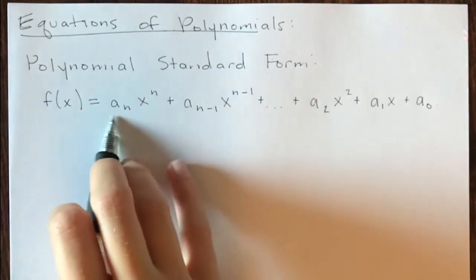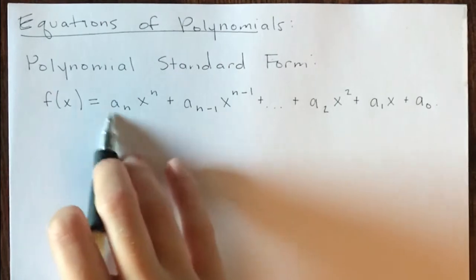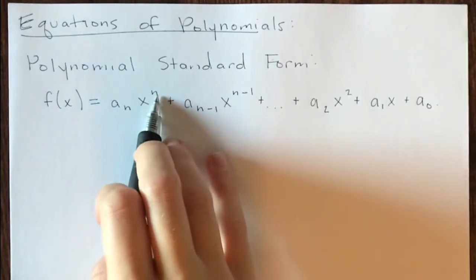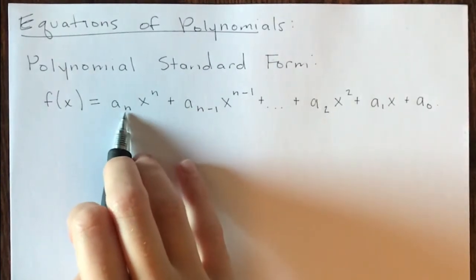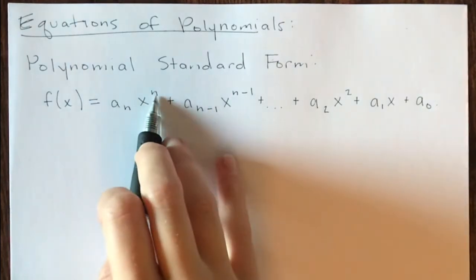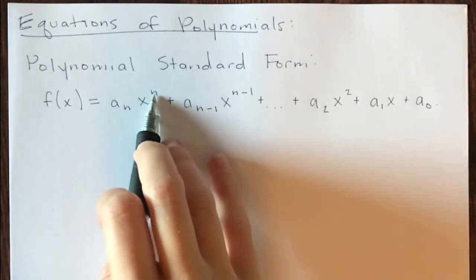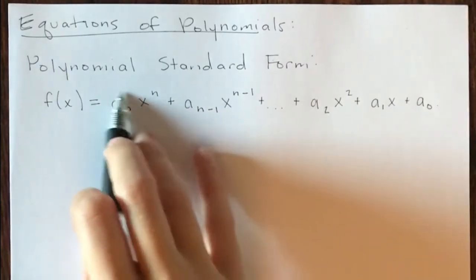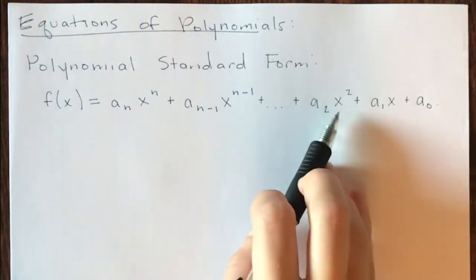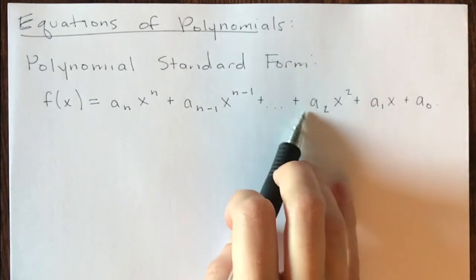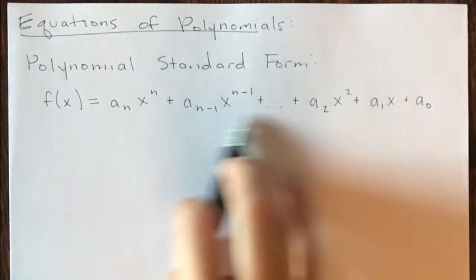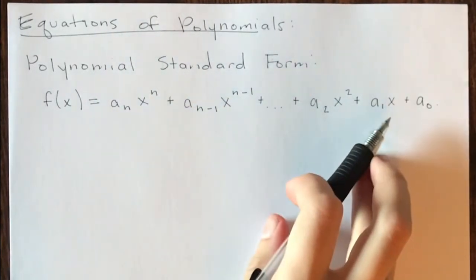So we have this coefficient that's some real number, then times x to the n. The subscript here just matches the coefficient with the term with this exponent. The term with the exponent n has the coefficient a sub n. The term with the exponent 2 has the coefficient a sub 2, etc. That's how this general form works.